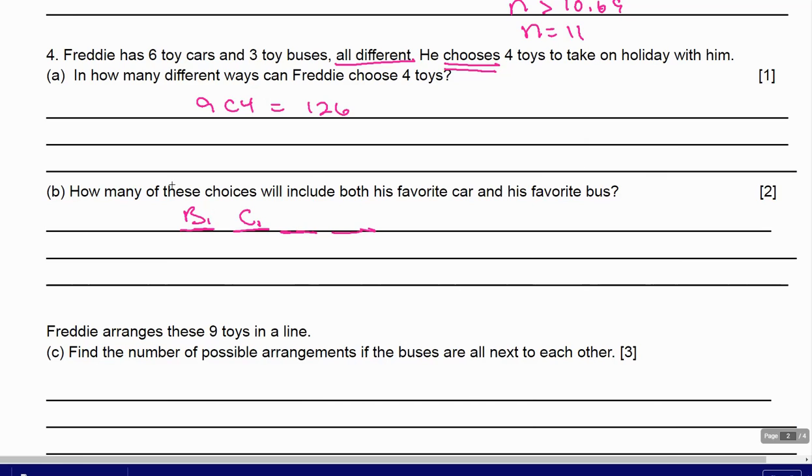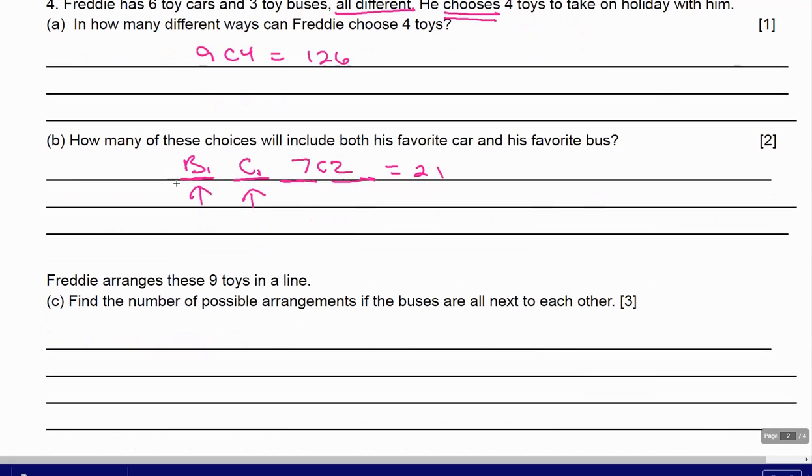And how many can I choose from? Only 2, right? So there's only one way for this to happen and one way for this to happen. So it's going to be 7 choose 2, or 21 ways. Does that make sense? Because in all my selections, there's going to be this favorite toy and this favorite toy. So the only thing that's going to ever change are these other 2 slots, and that's what I have to figure out.